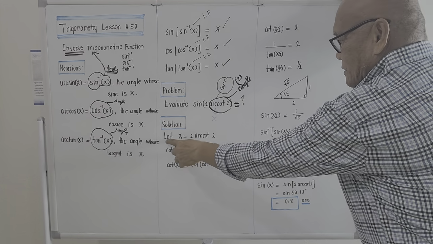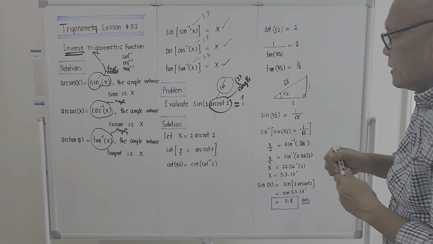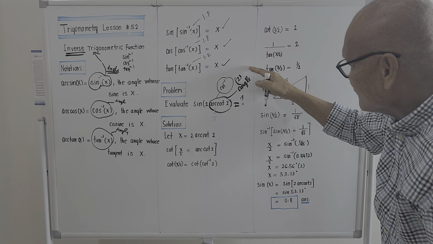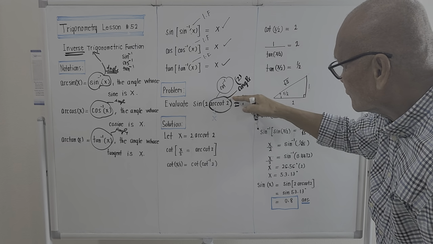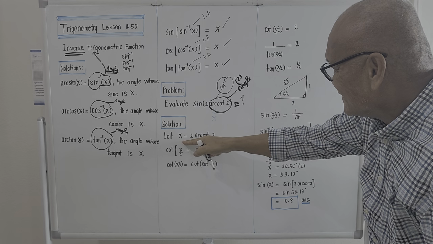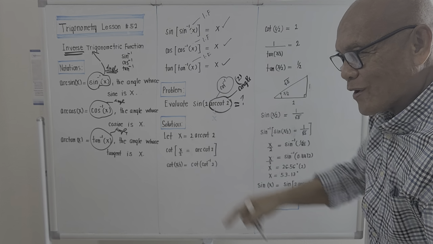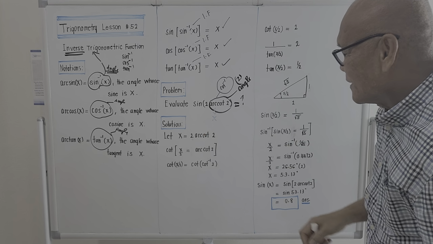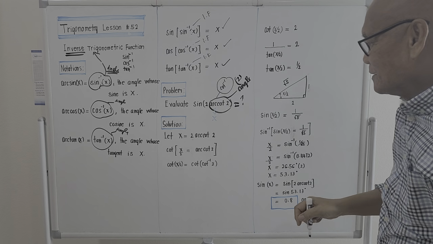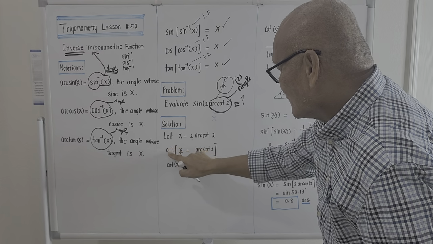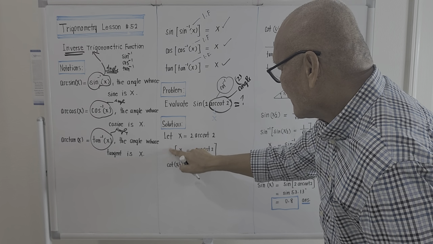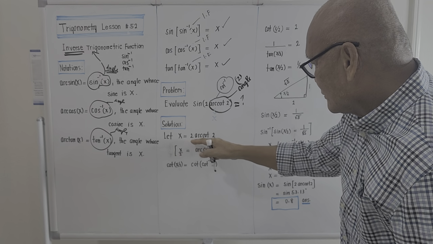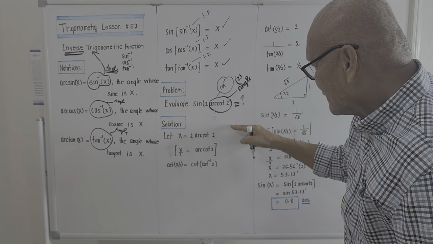We will let x equal to arccotangent of 2, which is an angle, right? So for the meantime, we let arccotangent of 2 be equal to x, and we must solve for x. Then we divide all terms by 2. x is twice arccotangent of 2, right?